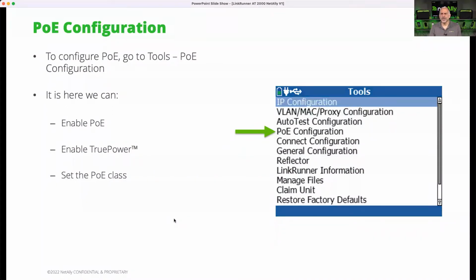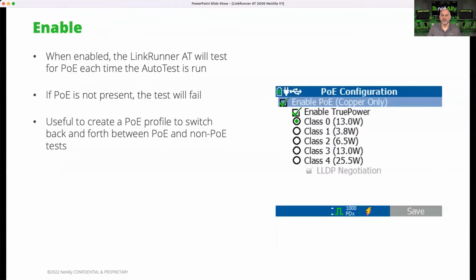Now, in order to use PoE in our auto test, we need to configure PoE. So this is where we're going to go into Tools on the LinkRunner AT. We're going to arrow down to the PoE configuration and hit Select. When we do that, we can come in and enable PoE. Now it says copper only. It'd take quite a voltage to run PoE across fiber.